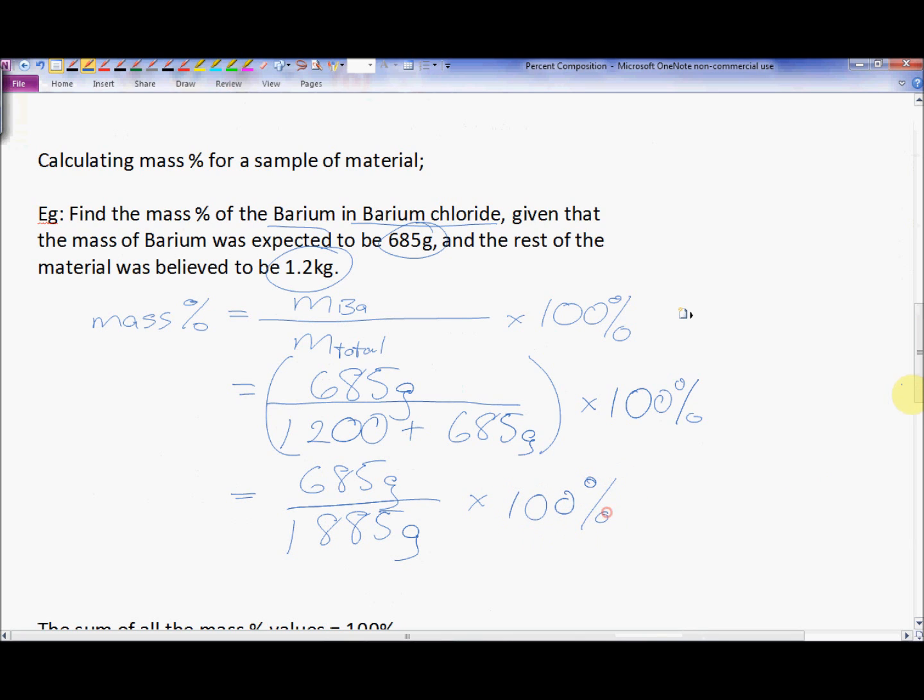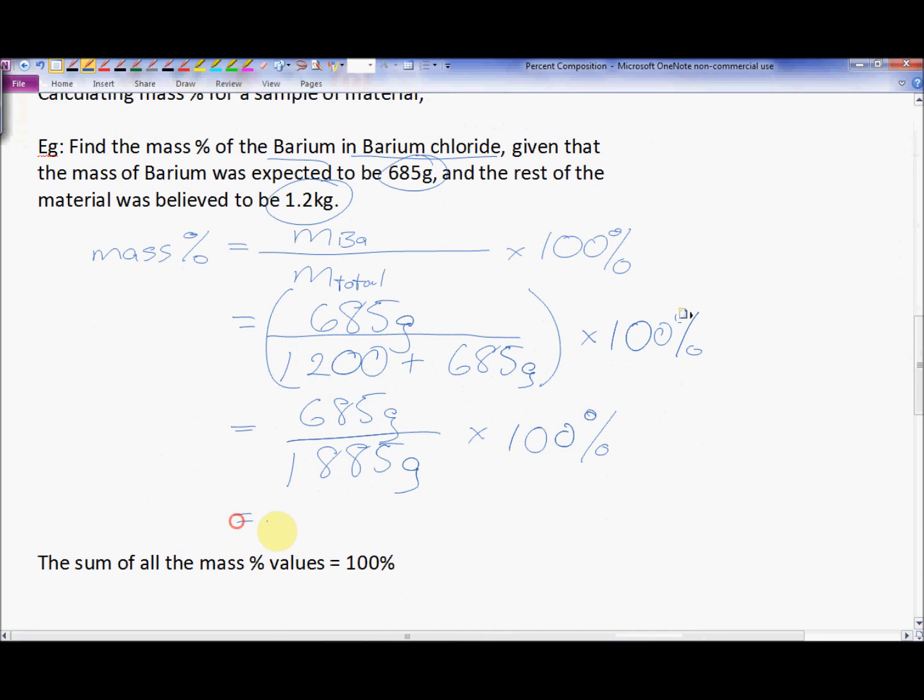And that gives us 36.3%. So in this example, the percentage of barium was 36.3%. The rest of the material was made up of chlorine, so that would have been the chlorine in the barium chloride.